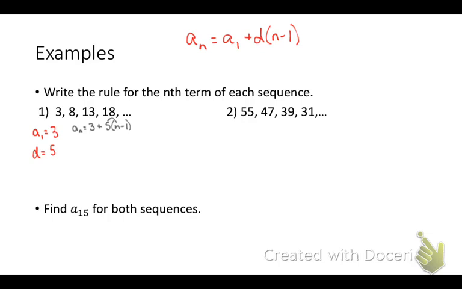I'm going to distribute the 5 to everything inside, and I'm going to have 3 plus 5n minus 5, combine like terms. So my rule is a sub n equal to 5n minus 2.